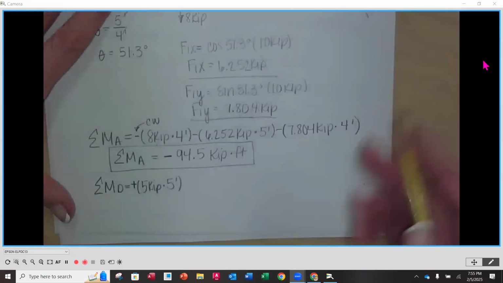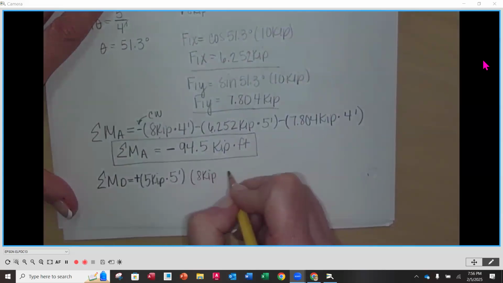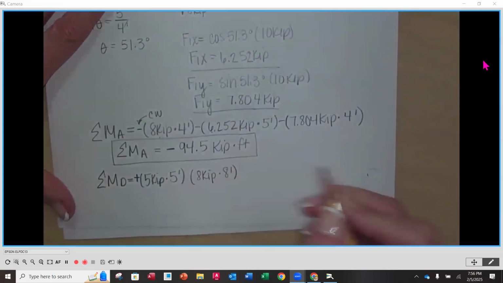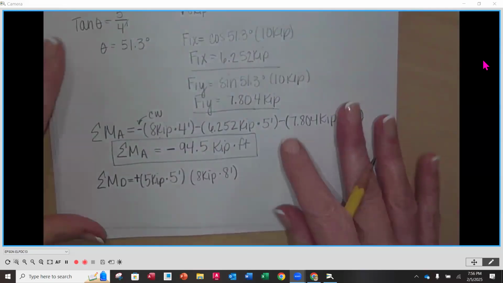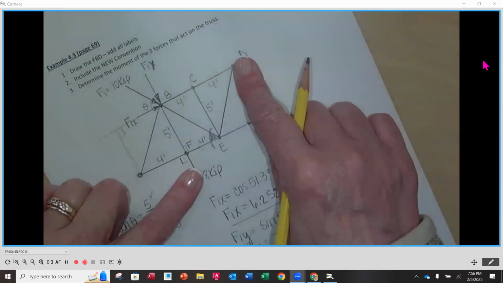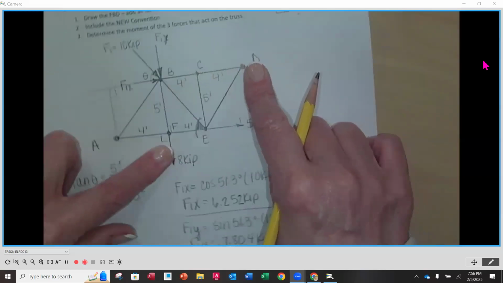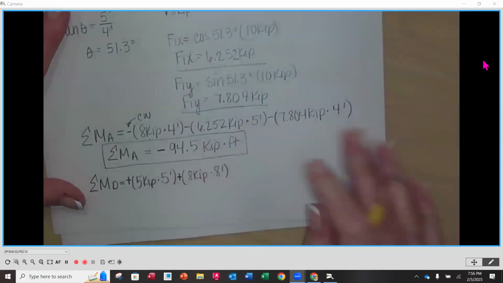Yep. So my moment is going to be 8 kips times 8 feet. In parentheses, force times distance. And then as we look up here, if I rotate in the direction of that 8 kips, that's going to go counterclockwise. So positive out front. There we go.